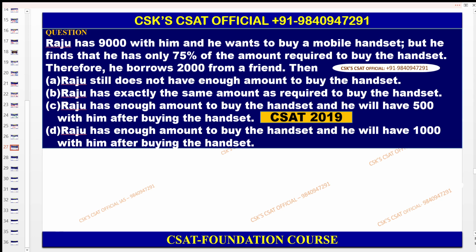The question looks very lengthy, but the answer is very simple. Listen, Raju has 9,000 with him. He wants to buy a mobile handset, but he finds that he has 75% of the amount required to buy the handset.